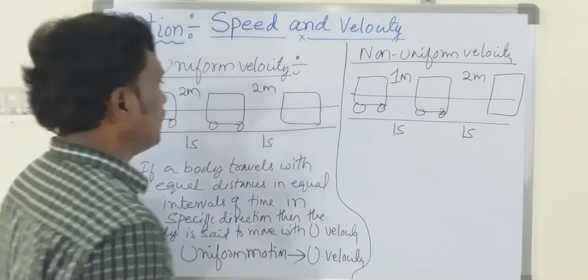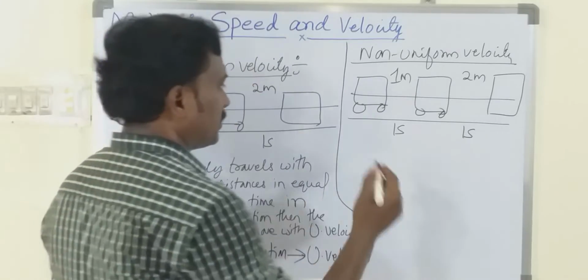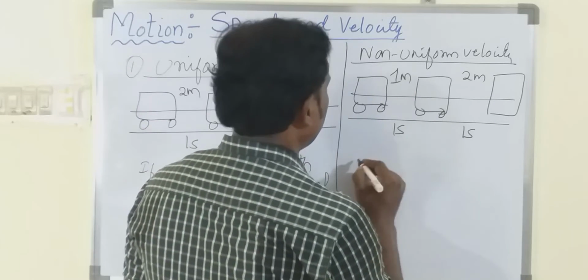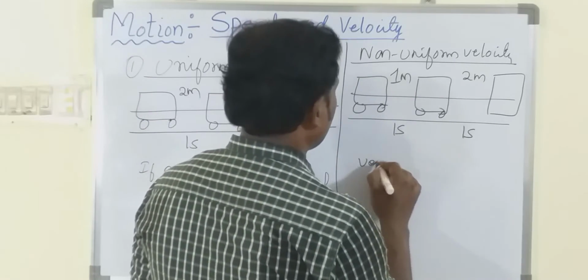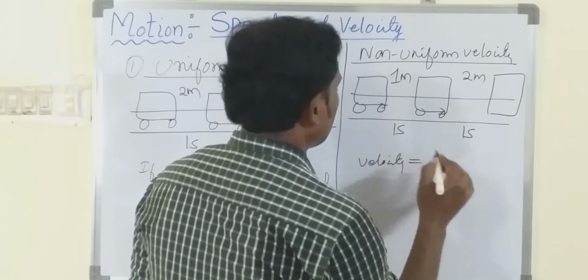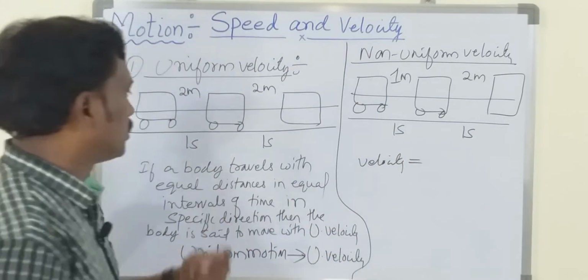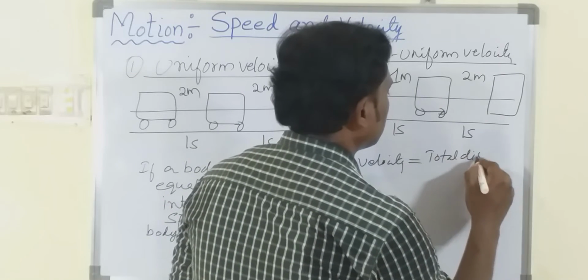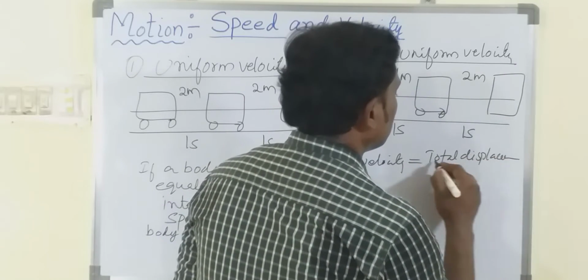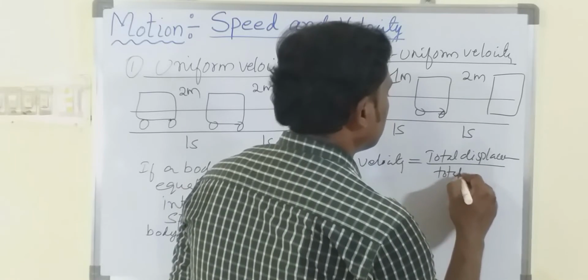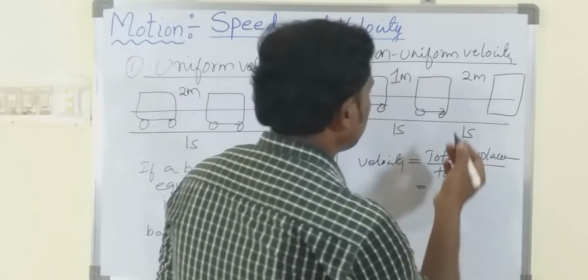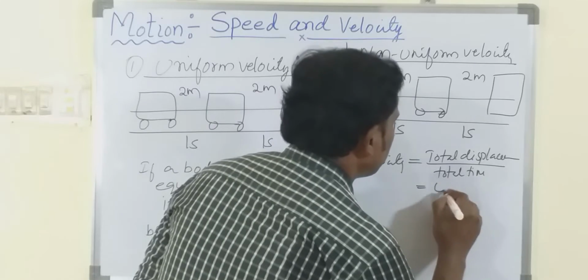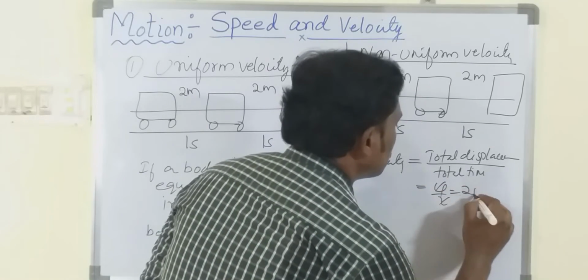Now what is the velocity? How do you define the velocity? It is total displacement by total time. We get 4 by 2, that is 2 meters per second.